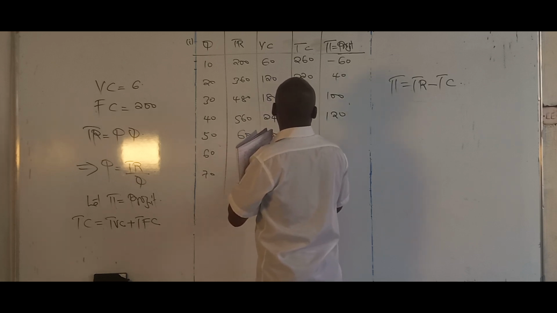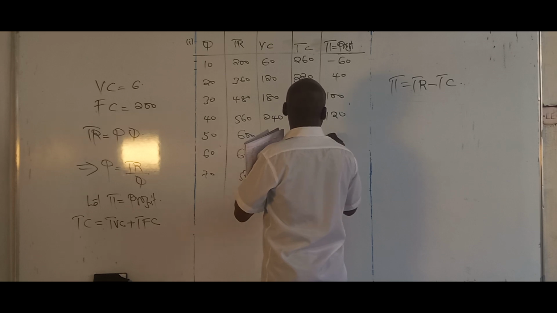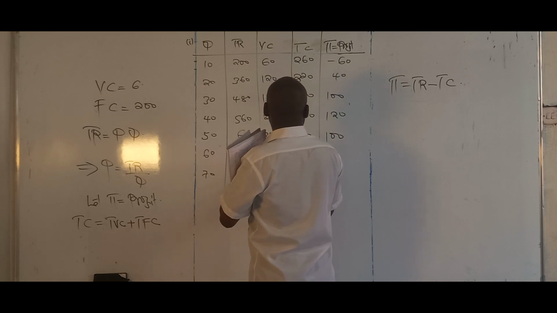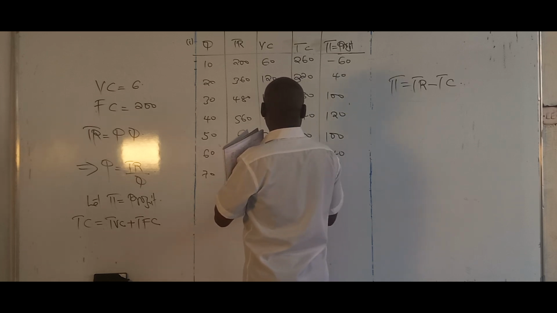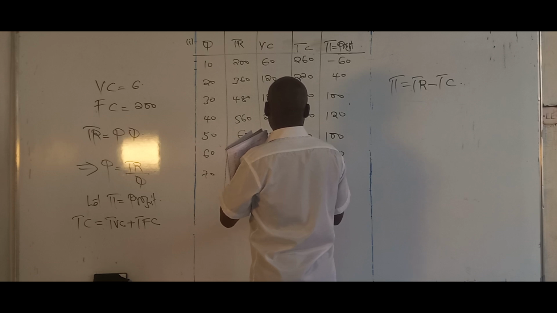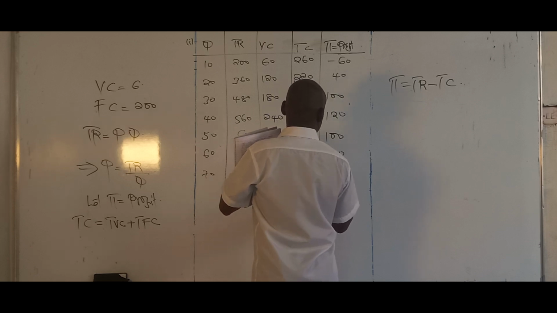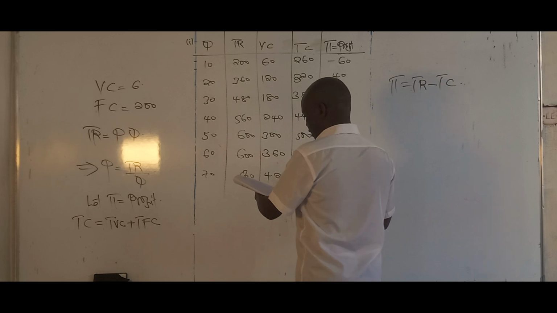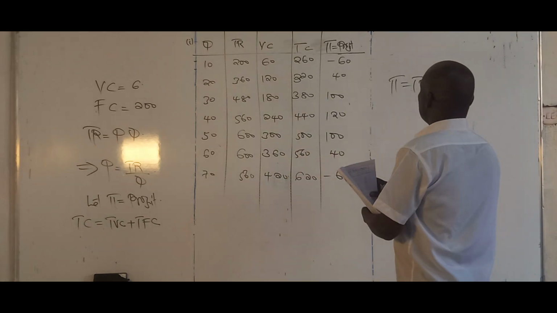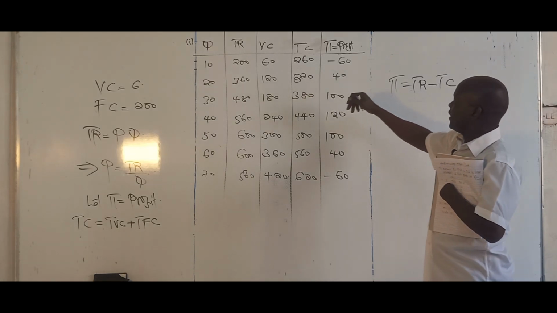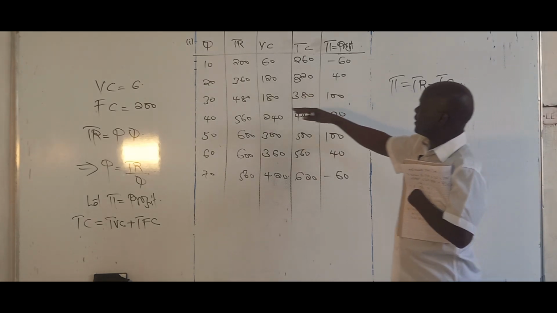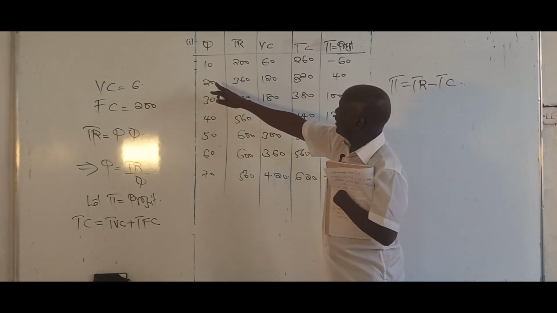This should be 100. This should be 40. And then this should be negative 60.